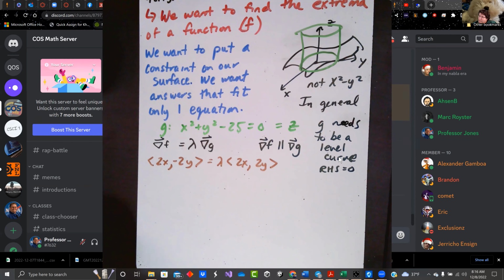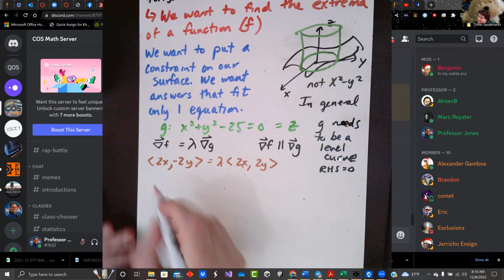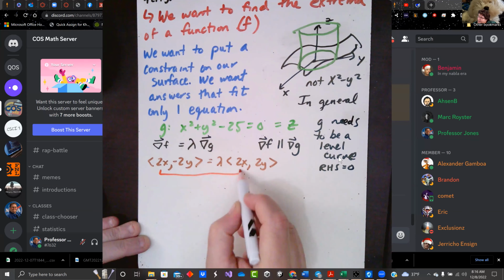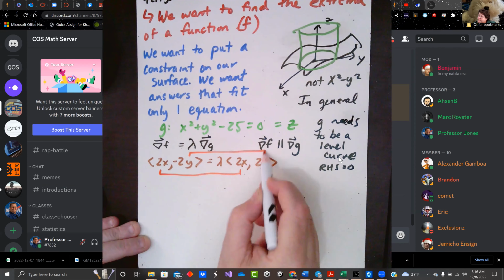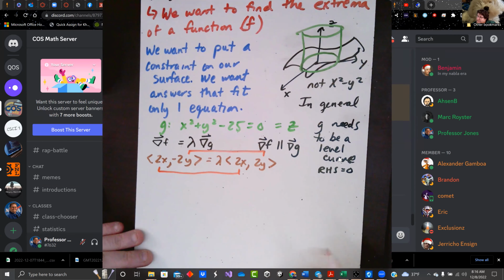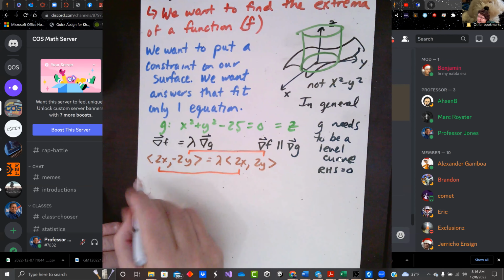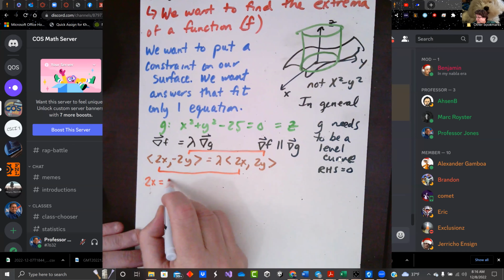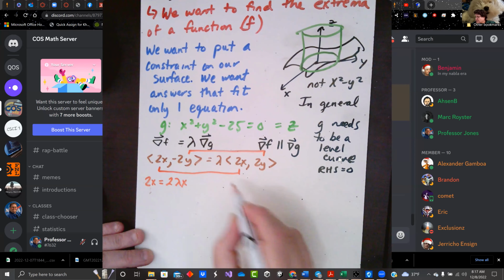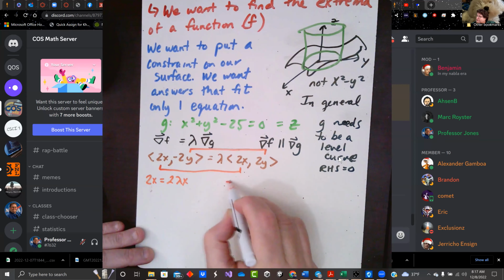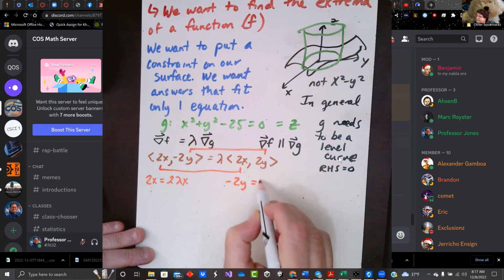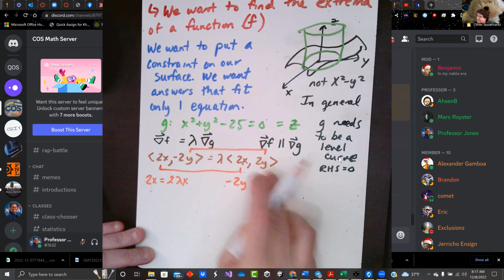Now we want to match up our i's and our j's, and we're going to have two equations. One of them, I have 2x equals 2 lambda x. And the other one, I have negative 2y equals lambda 2y, 2 lambda y.